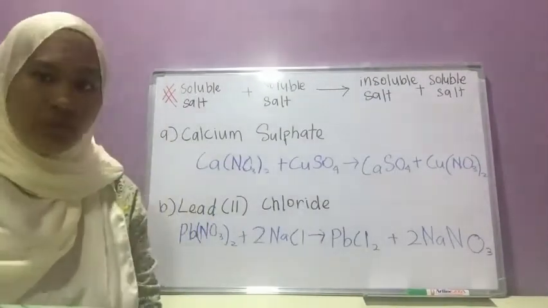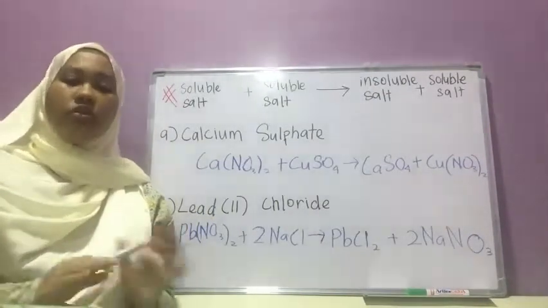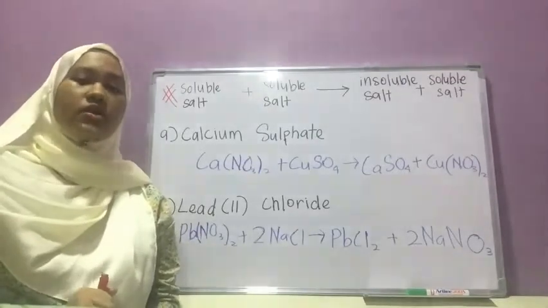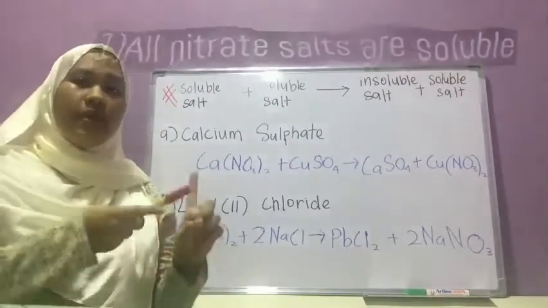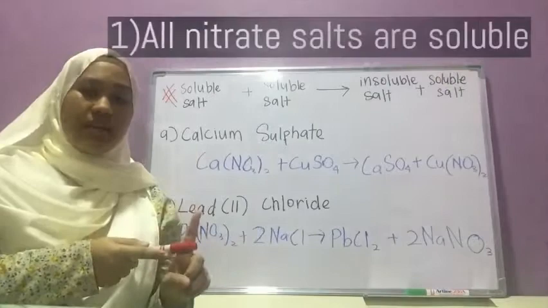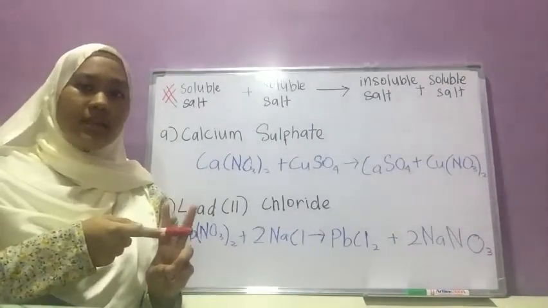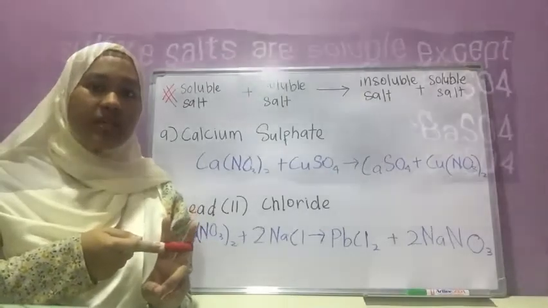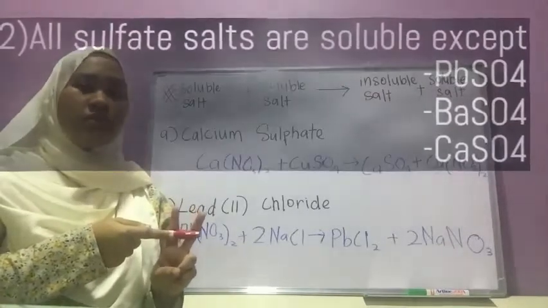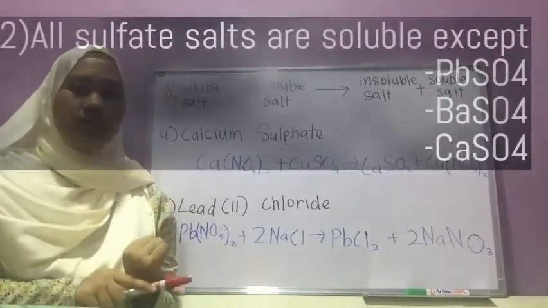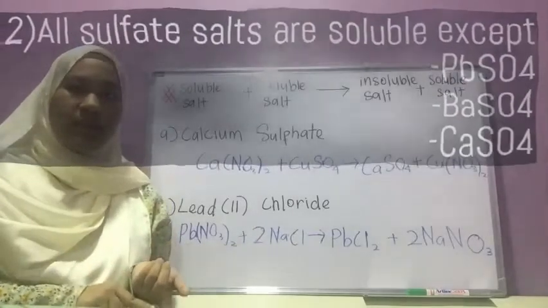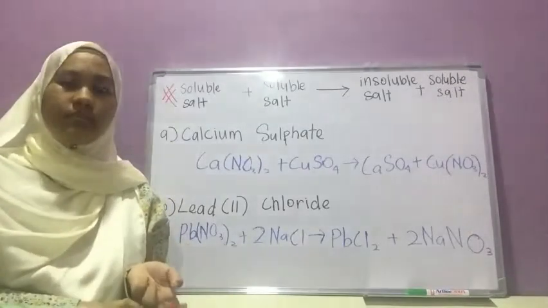Then you must remember the general rules of salt solubility. First, all nitrate salts are soluble. Second, all sulfate salts are soluble except for three, which are lead sulfate, barium sulfate, and calcium sulfate.